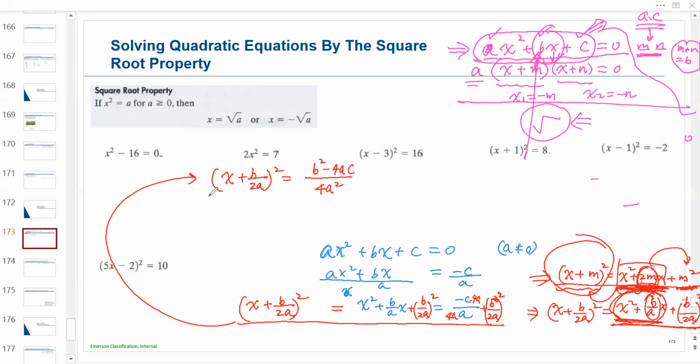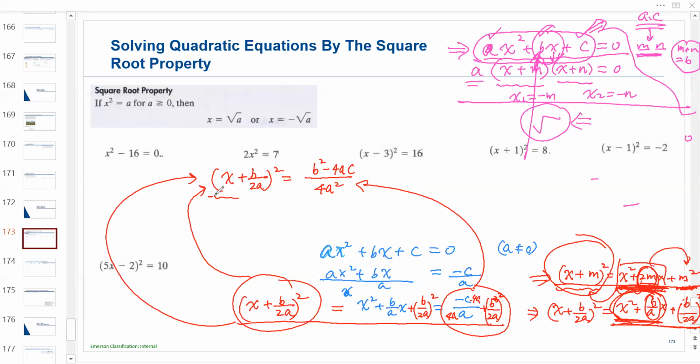You can see this part comes from here, and this part we just recopy here. So you can see the left part is some number squared, right? The right part is some number all made of the coefficients a, b, c here. So what do we need to do here? We need to judge whether this number is greater than or equal to 0, or less than 0.